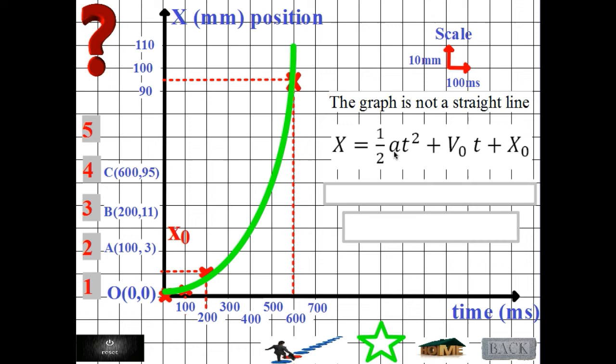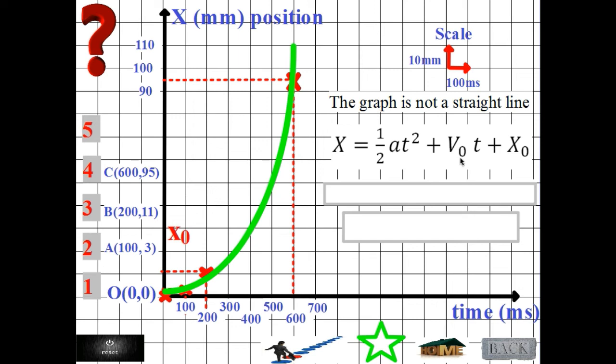Half a, that's the acceleration, t squared, the time squared, plus v0 times time, the initial velocity times time, plus x0. If v0 is 0, this term will disappear.